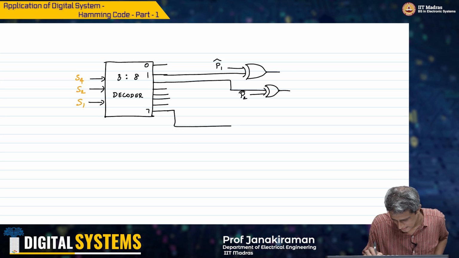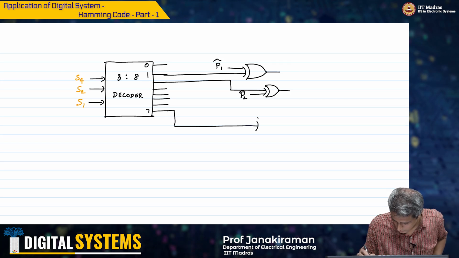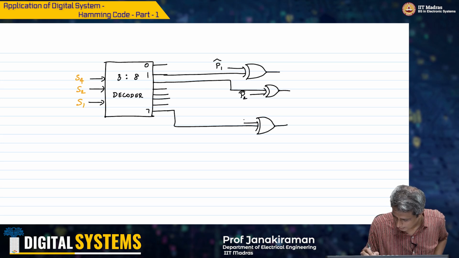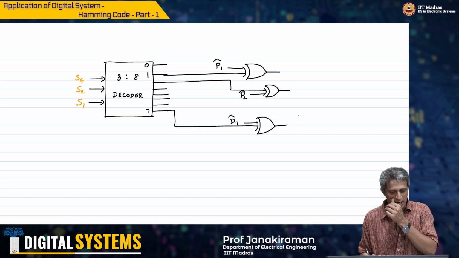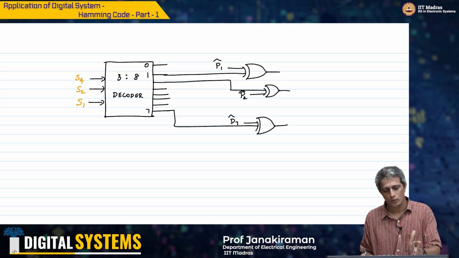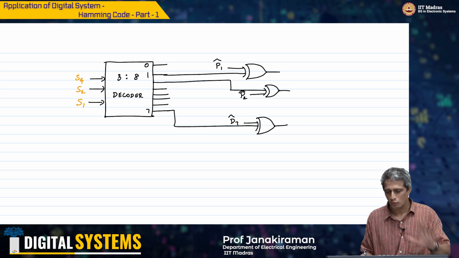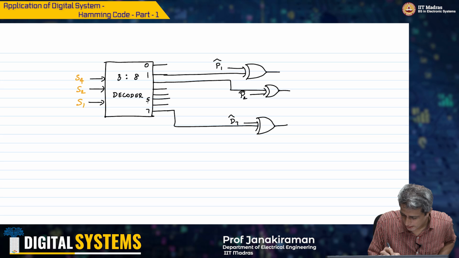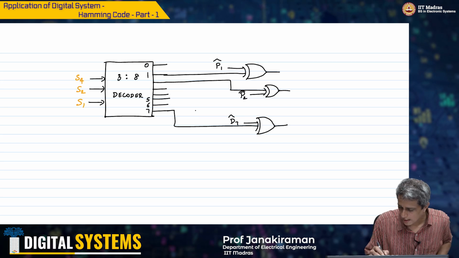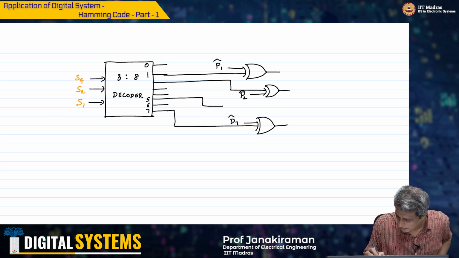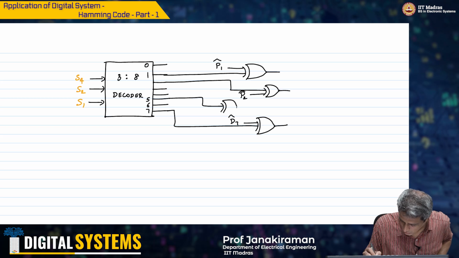For example, D7 is my received value, and I give D7 hat here. So let us say that syndrome value was 0, 1, 0. It means the fifth output of this decoder, 5, 6, 7, this will go high, and this is going to get XORed with D phi hat.